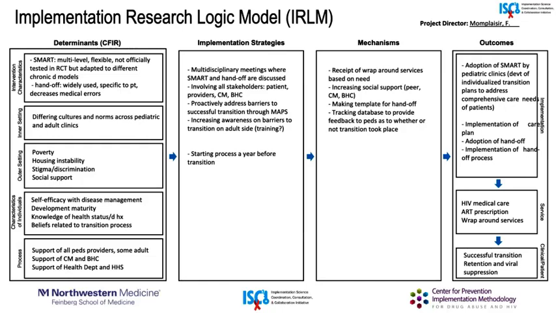And then for service, I had ART prescription and wraparound services, but I think you meant something else by that, so I'll go back and sort of think about that a little bit more as well. But definitely in terms of the clinical and patient outcomes, the goal would be to provide successful transition and increase retention and viral suppression.